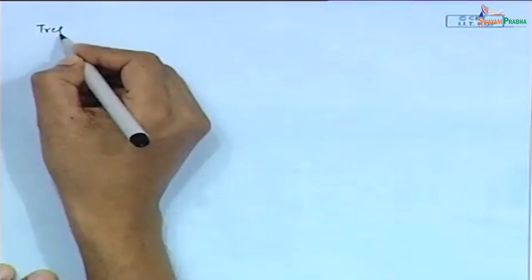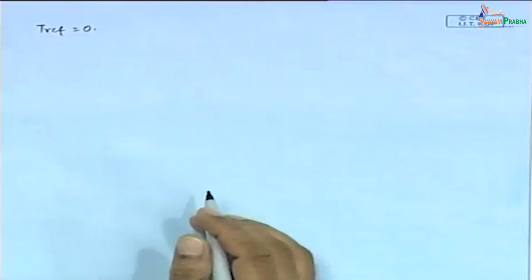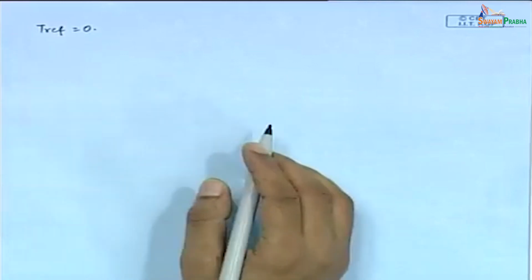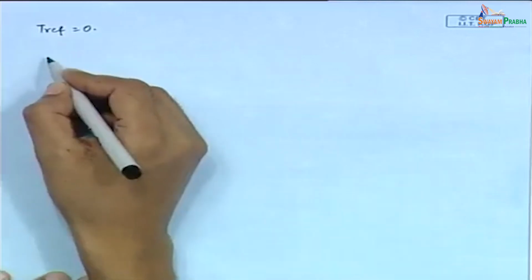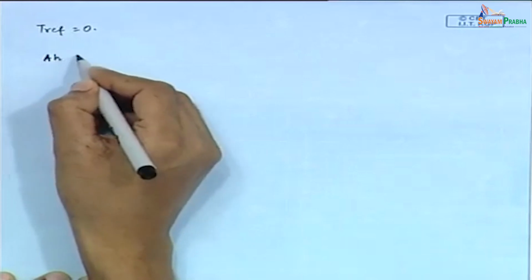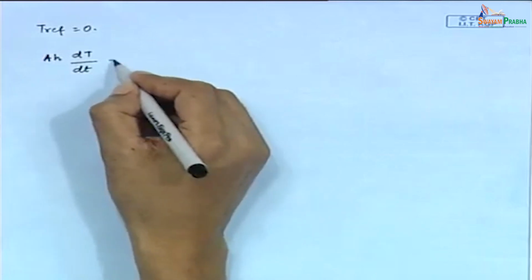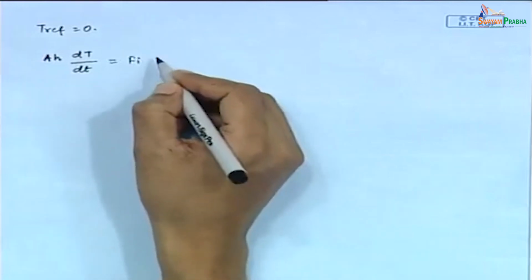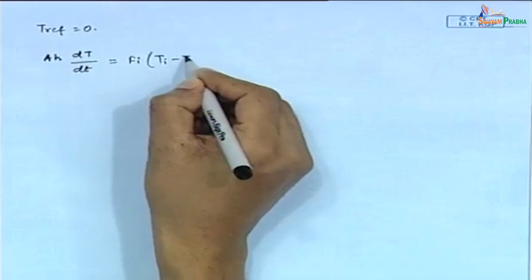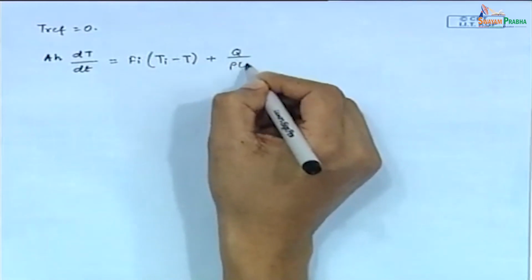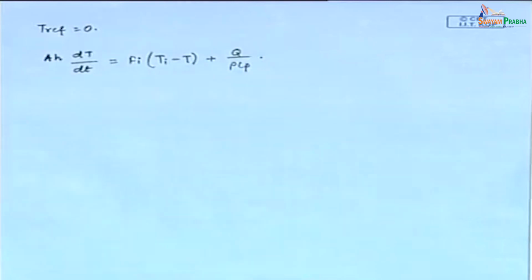Now, if we simplify this considering T reference equals to 0, and if we simplify the energy balance equation, we will get A dH dt equals to Fi Ti minus T plus Q divided by rho Cp.